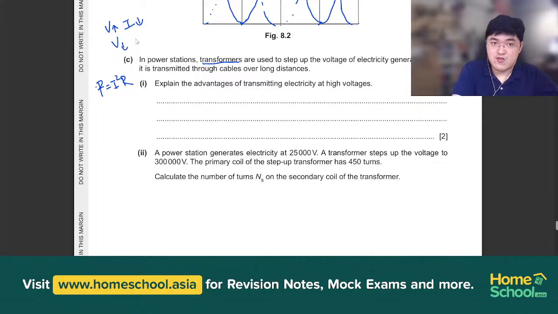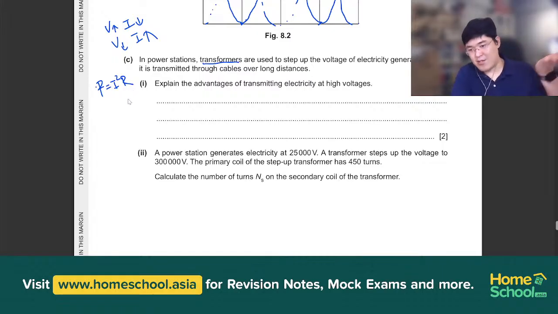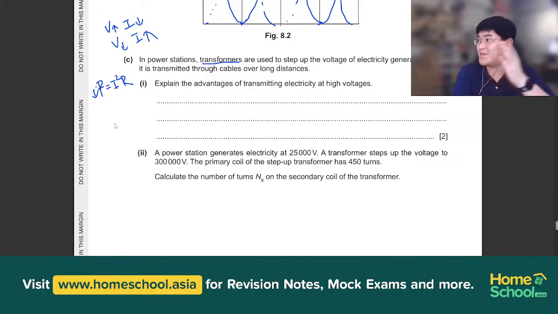If your voltage is low, your current is high. So if your current is low, I squared times R, where R is constant because the resistance across the whole system, the wires, is constant, the power lost through this wire will be low. But if your current is high, your power loss will also be high, no matter what. So it is advantageous to have high voltage and low current.